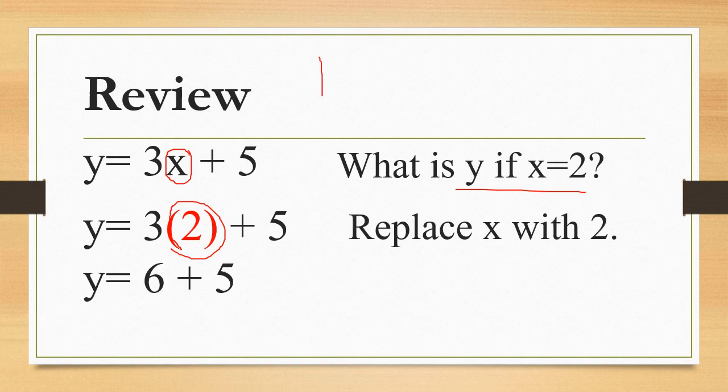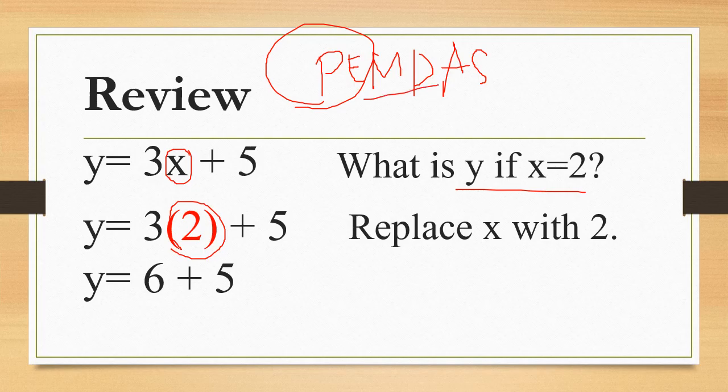Of course, kailangan alam natin yung basic arithmetic natin, yung the rule ng MDAS. I hope naalala po ng lahat yan. Inuuna muna natin ang mga parentheses and exponents before we proceed with those which we can multiply or divide, then proceed to those which we can add or subtract. So in this case, wala naman tayo exponent.